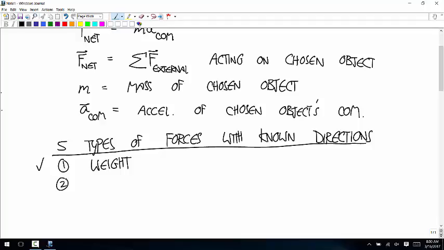The second one was pushing contact. Can anyone remember how to describe the direction of the pushing contact force? I know this was a long time ago.